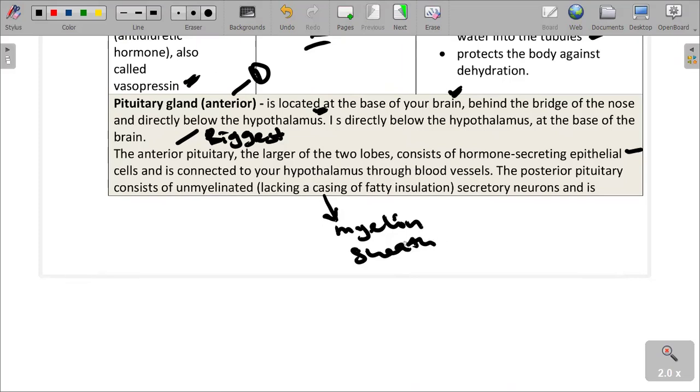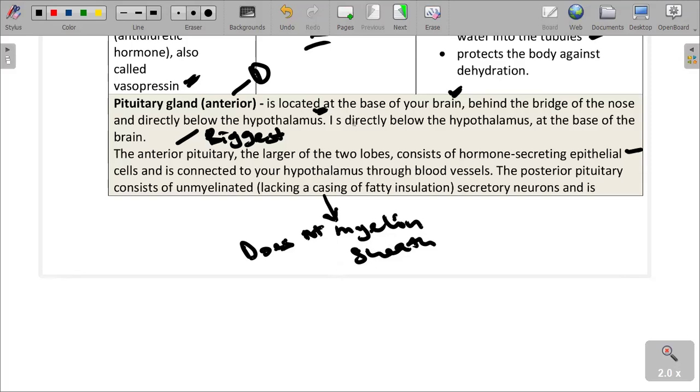So the posterior pituitary is uninsulated, not covered by the fat insulation.